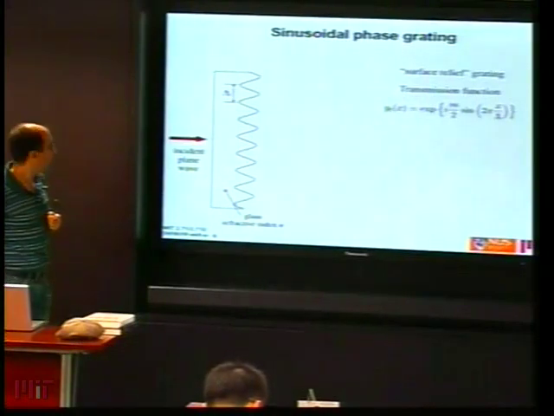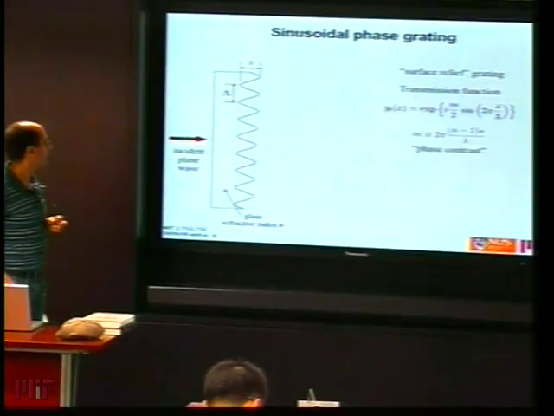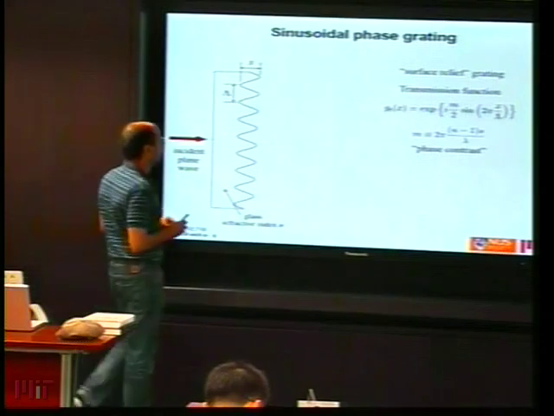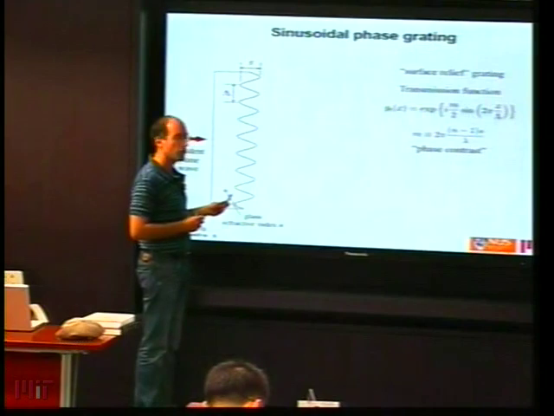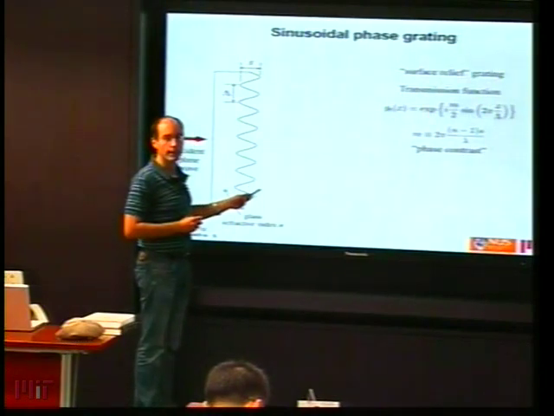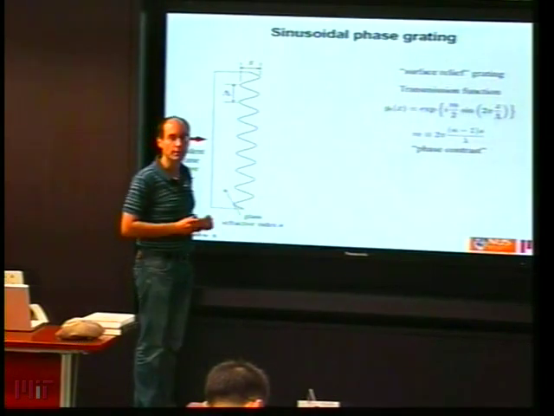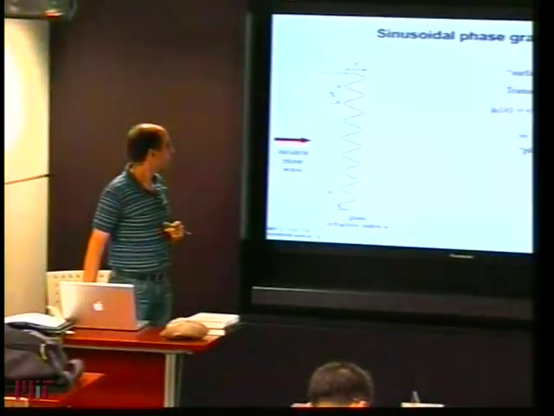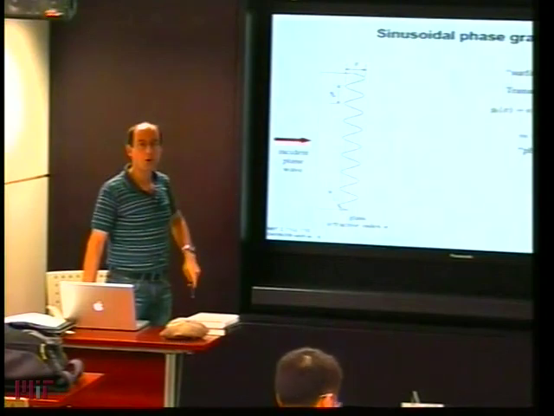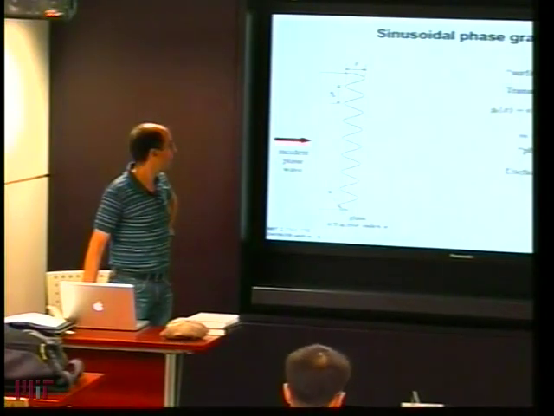You can see the period here, and you can see the phase delay. So the phase delay, of course, depends on the difference between the index of refraction inside the material and the index of refraction in the surrounding medium, that is air. So that's the expression over there. And this is, of course, the phase contrast that we mentioned before when we defined the grating.